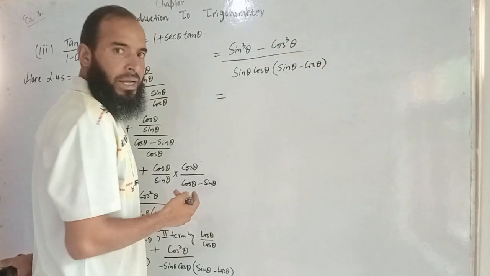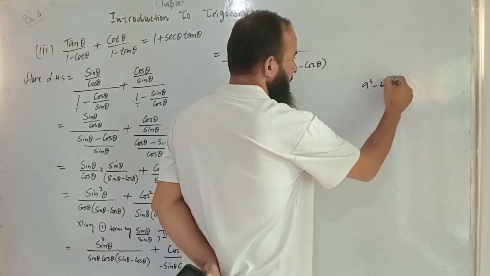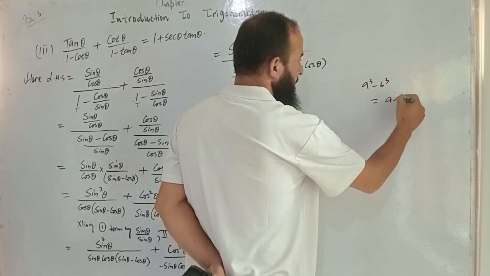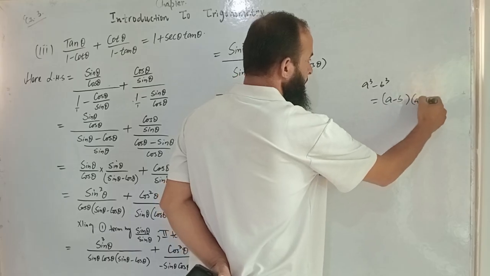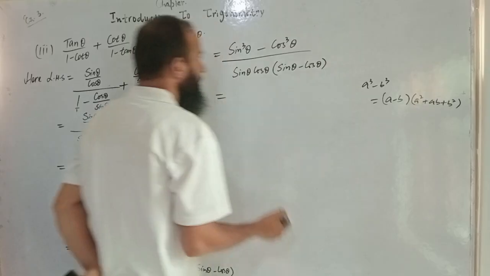What is a cube minus b cube? You know that a cube minus b cube will be equal to a minus b into a square plus ab plus b square.